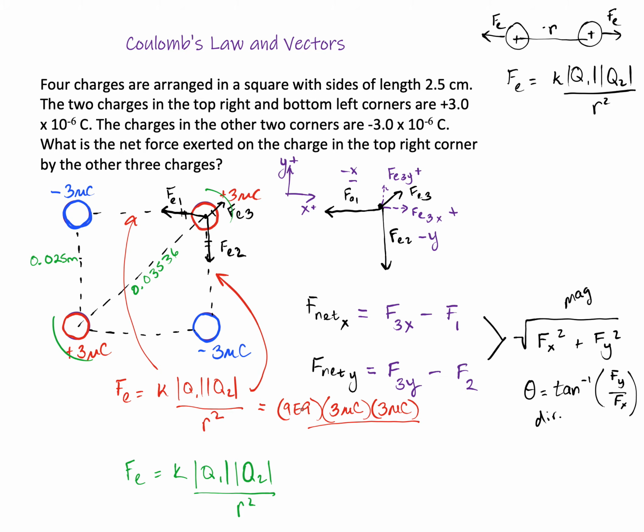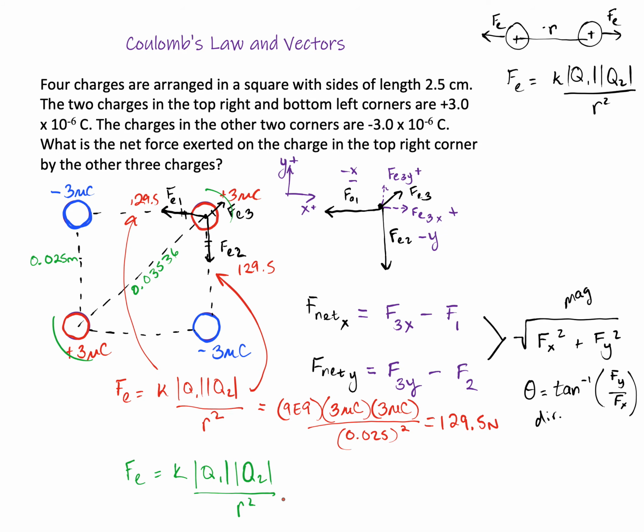And then I'm going to divide by the distance they are separated, which was 0.025, and that is squared. And I believe that value is going to come out to be 129.5, if I did my calculations correctly. So essentially this one and this one are the same.